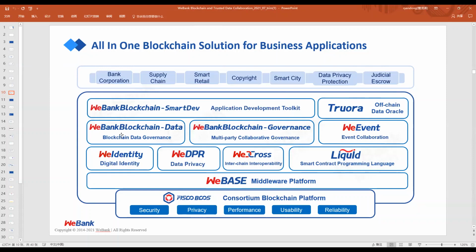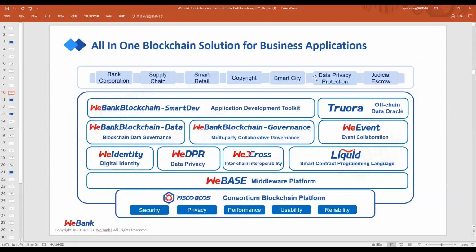There are also data governance, collaboration governance, event collaboration, and the data oracle to help fetch more data from outside the blockchain into the blockchain. In this way, we can deliver trust to expand our network of data.